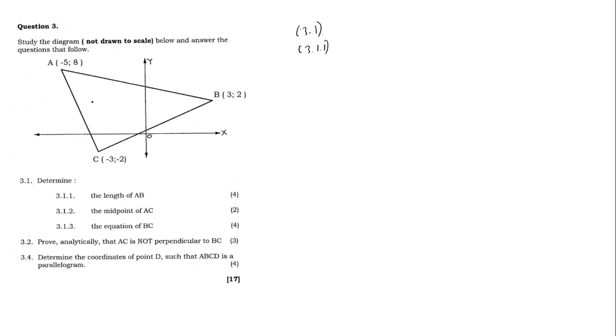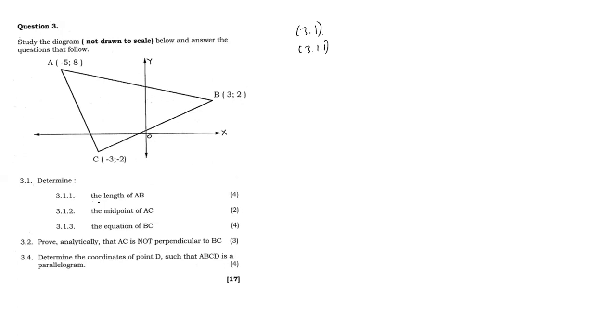We have also learned that the product of the two gradients for perpendicular lines is -1. The lines that are parallel have the same gradient. Those are the basics that you really need to be familiar with when solving these kinds of questions.